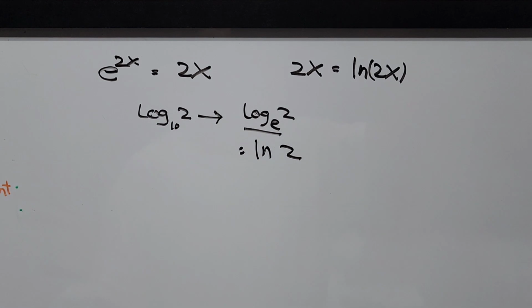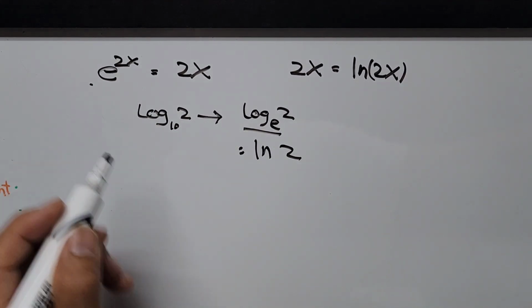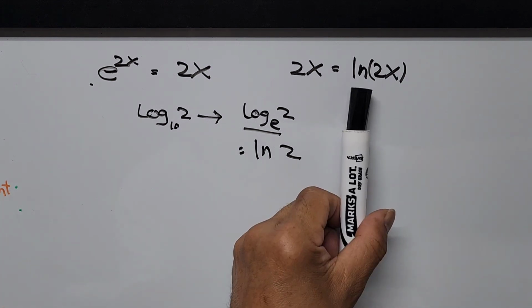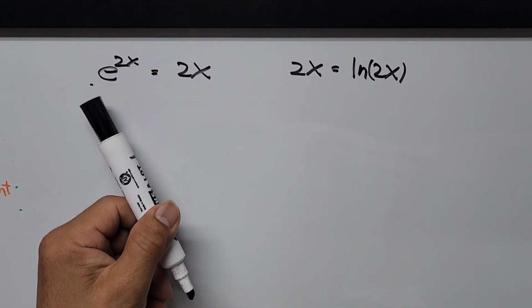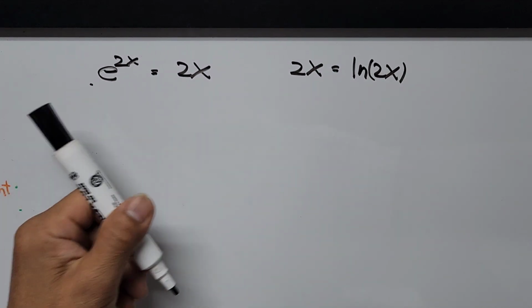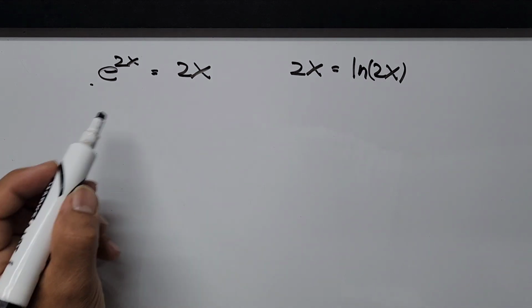Alright? So now let's go back to our exponential equation over here with base e. Whenever you see base e, we use natural logarithm ln. So how do we convert this exponential equation to logarithmic equation? Here base e, so we'll be using natural logarithm. So we take ln on both sides.